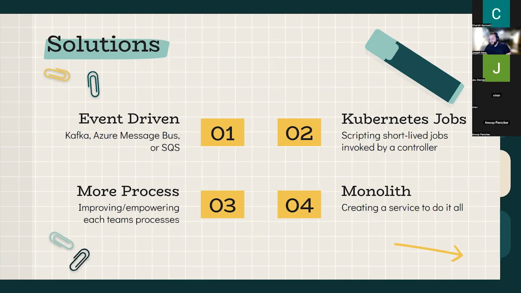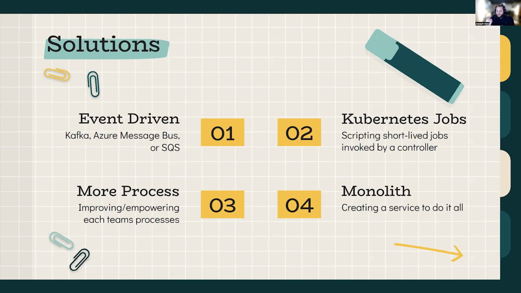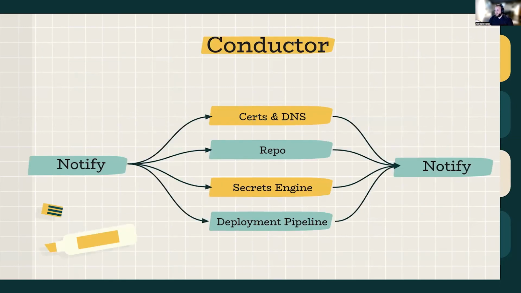So the other thing we could do is build out a monolith. That could work, and it does have some advantages, but as you'll see as I go to the next page, a monolith really falls apart when we get into the conductor solution. If you look at everything that's happening in that middle bit, if I gave a monolith the permission to do that, I've basically created one single point of failure for my security team, and they would just crucify me.